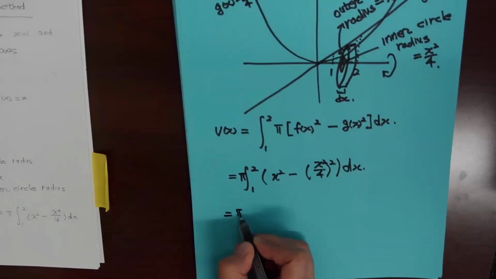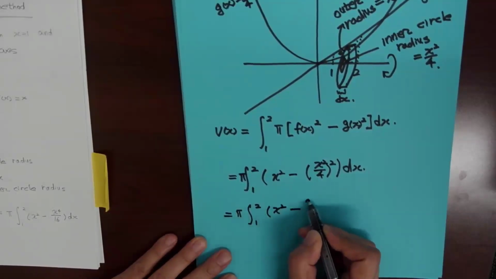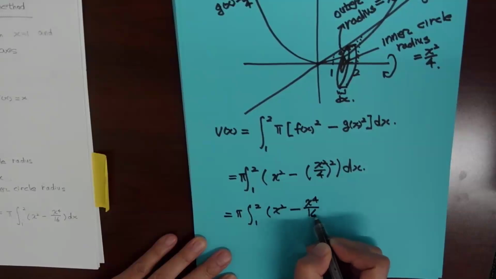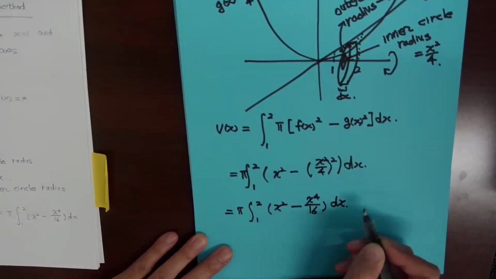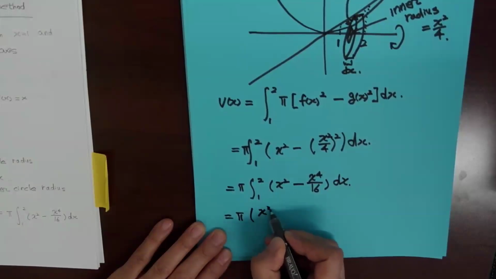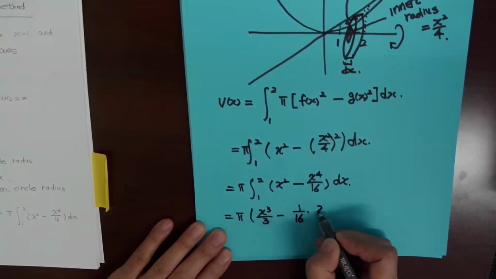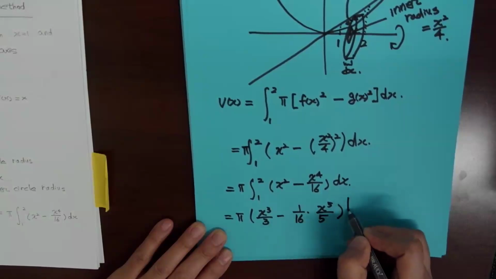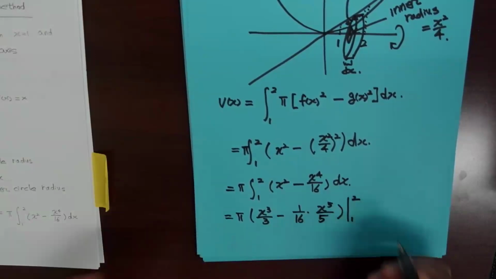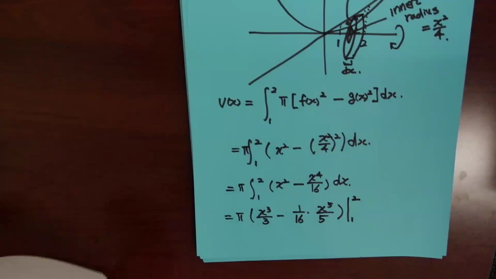So that is pi times the integral from 1 to 2 of x squared minus x to the 4th power over 16, dx. So that is pi times x cubed over 3 minus 1 over 16 times x to the 5th power over 5, from 1 to 2.